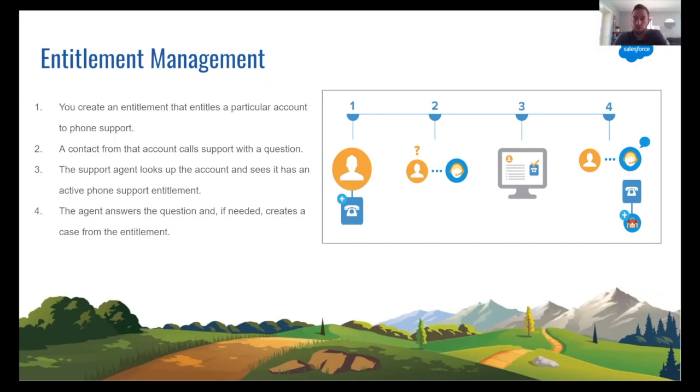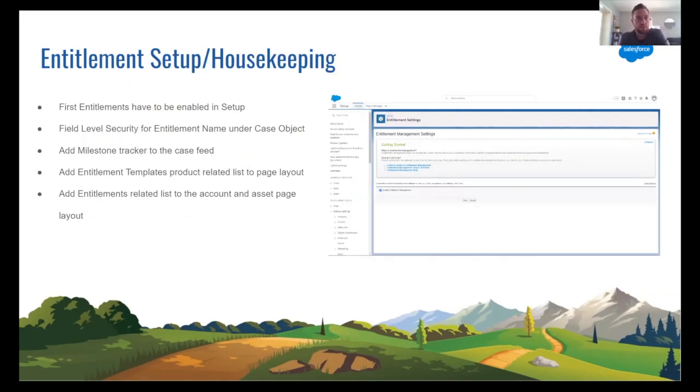So that's step 2. In step 3, that support agent looks up the account and sees it has an active phone support entitlement. So, all right, they have support. I can go ahead and answer this question. Then in step 4, the service agent answers the question if needed and creates a case from the entitlement. So that's the general basic easy flow of entitlements in Salesforce.